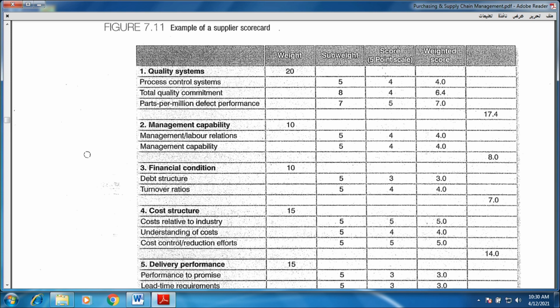So 5 divided by 5, it's 1. Multiplied by 7, which is the weight, gives us 7. To continue, we need to add all together these numbers, which leads us to this number, 17.4. This is the total mark of the supplier regarding the quality systems issue or criteria.